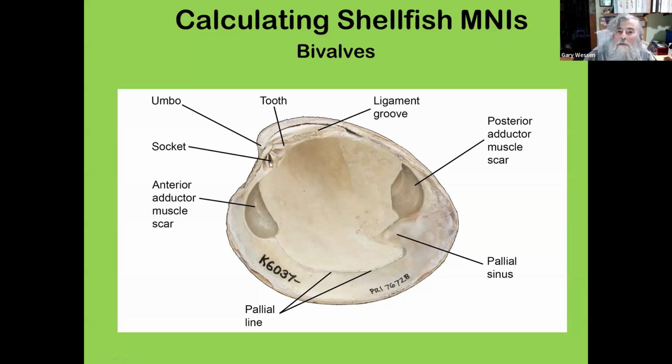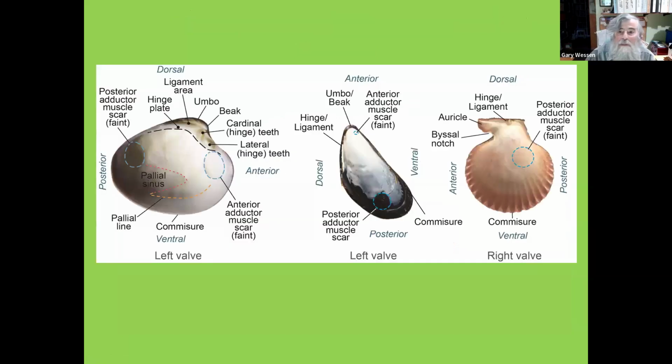If the hinge teeth, when you look at the interior, are to the left, at the left end of the ligament, it's a right. If the hinge teeth are at the right end of the ligament, it's a left. People are not real impressed as a party trick, but this is how we tell the difference between right and left clams.